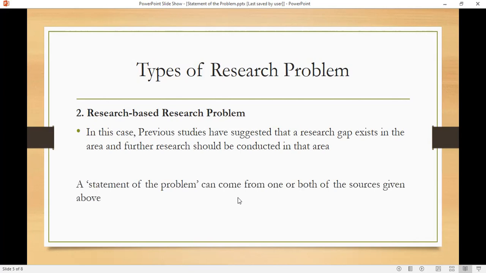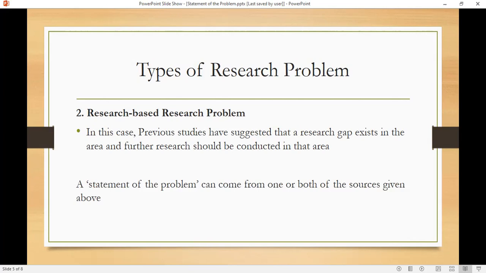A problem statement can come from one or both of the sources given above. Your statement of the problem may come only from your personal experience. It may come from your personal experience and experiences shared by others, and it may come only from the research-based source, like what other researchers have suggested.